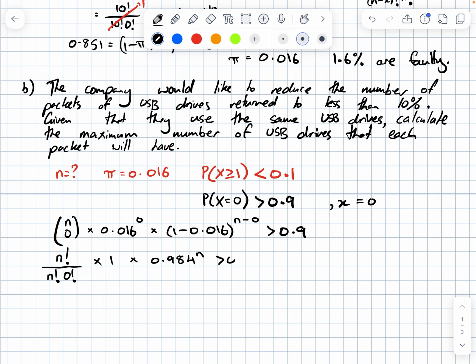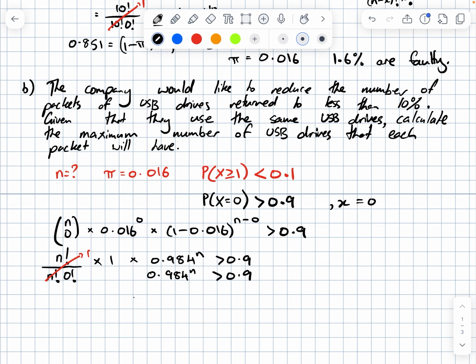Since 0 factorial is 1, this is just n factorial over n factorial, which is 1, which means we have 0.984 to the power n must be greater than 0.9.